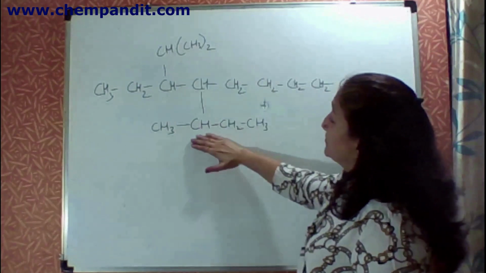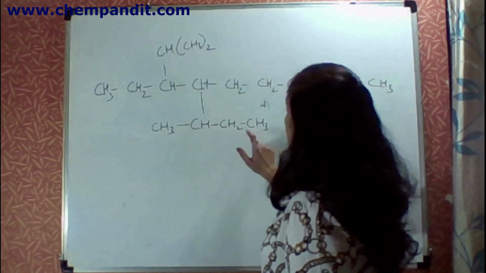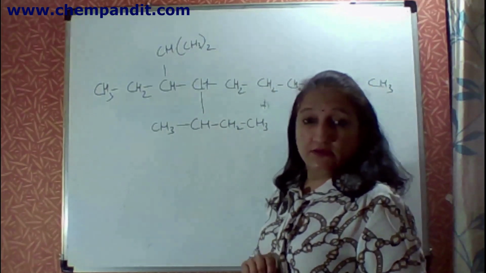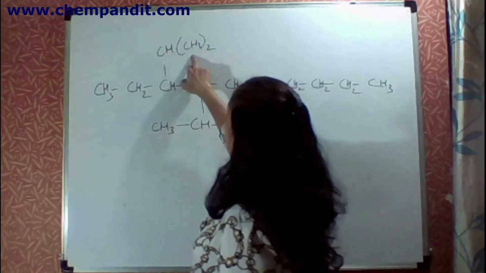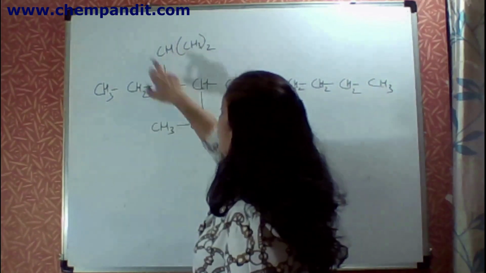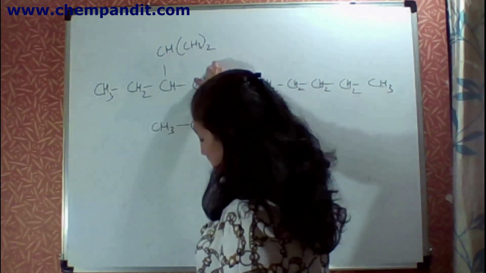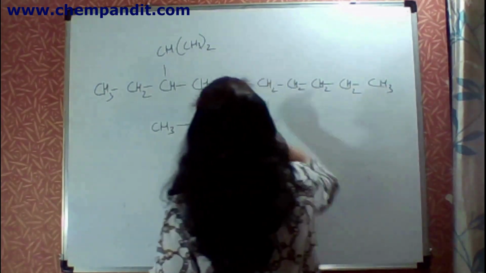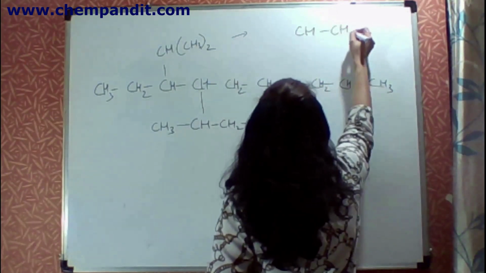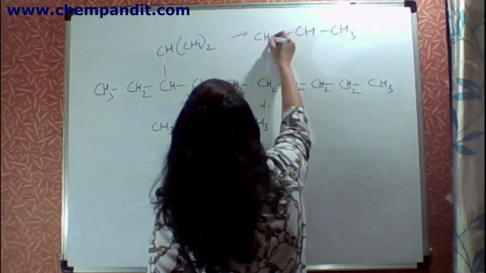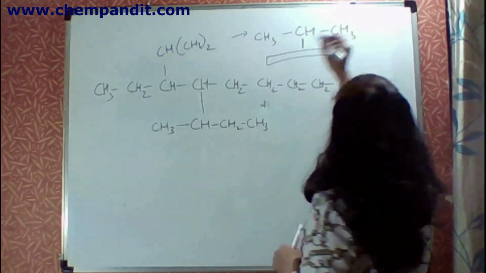Now the substituents you can see: here we have the substituent 1, 2, 3, 4 with 4 carbon atoms, which means this is a butyl group, and here we have 1, 2, 3 carbon atoms. So this is a propyl group, right? Now this propyl group, let's open this up, is actually like this, and from here it is attached to the main carbon chain.